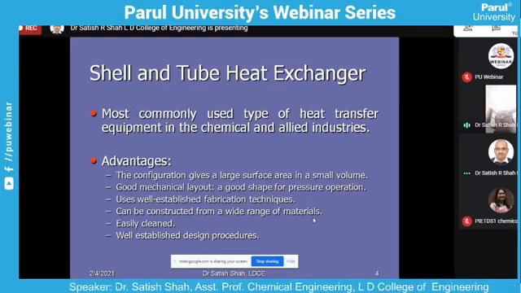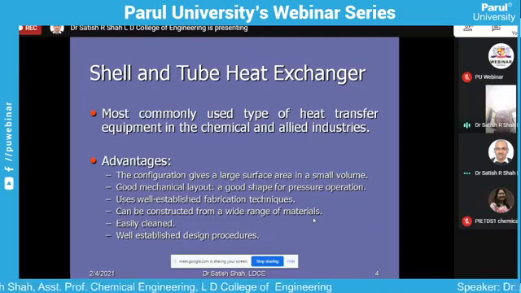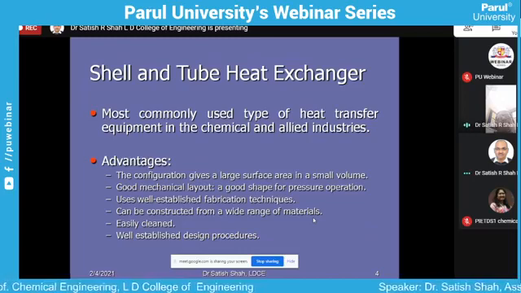So it is very important that construction should be possible with any type of material. Sometimes we can use only carbon steel, and sometimes even SS or Hastelloy or any material. That is possible. Even the tube sheet and parts can be cladded also, that is possible.